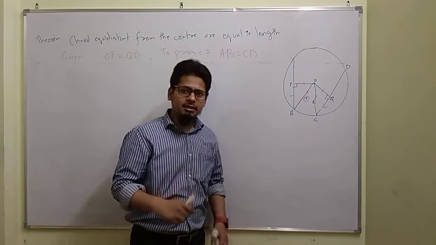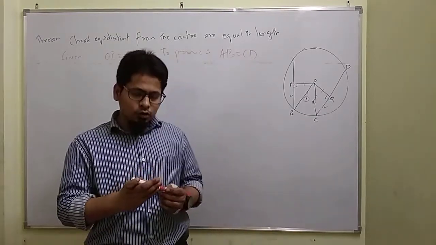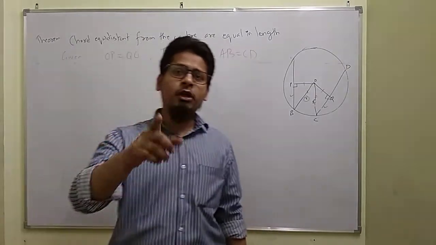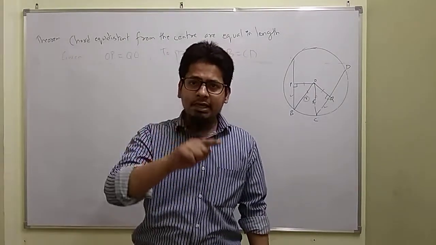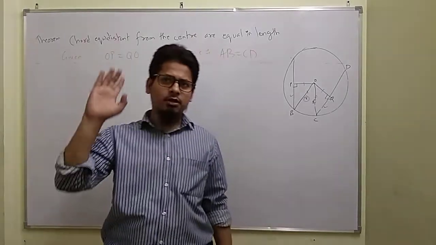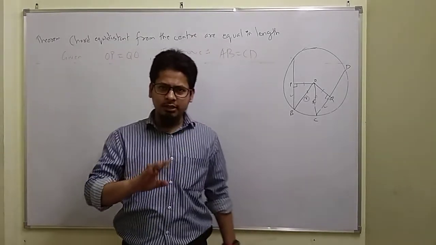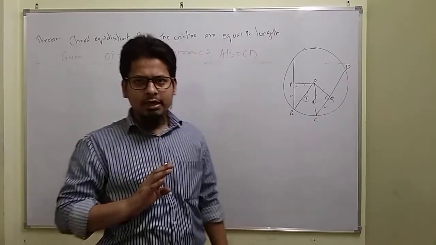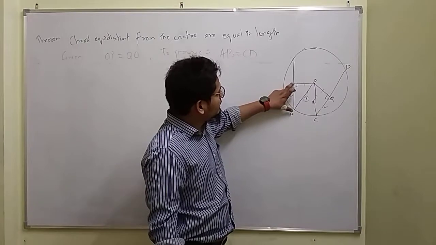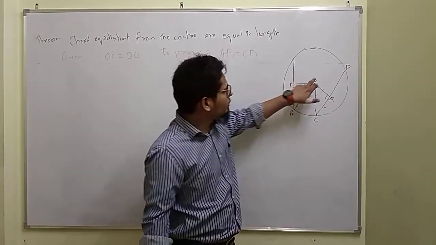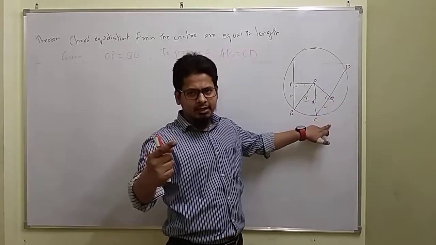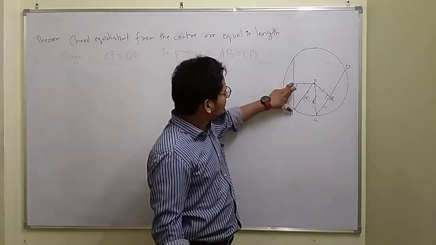And one theorem I explained in the starting is that if a line is drawn from the center and it is perpendicular to the chord, then that line will bisect the chord. Remember or not? If you do not remember, just see it before the exercise. It is given there in your book as well as in my video. So if the lines OP and OQ bisect the chords AB and CD, then we will get this part equal to this one.